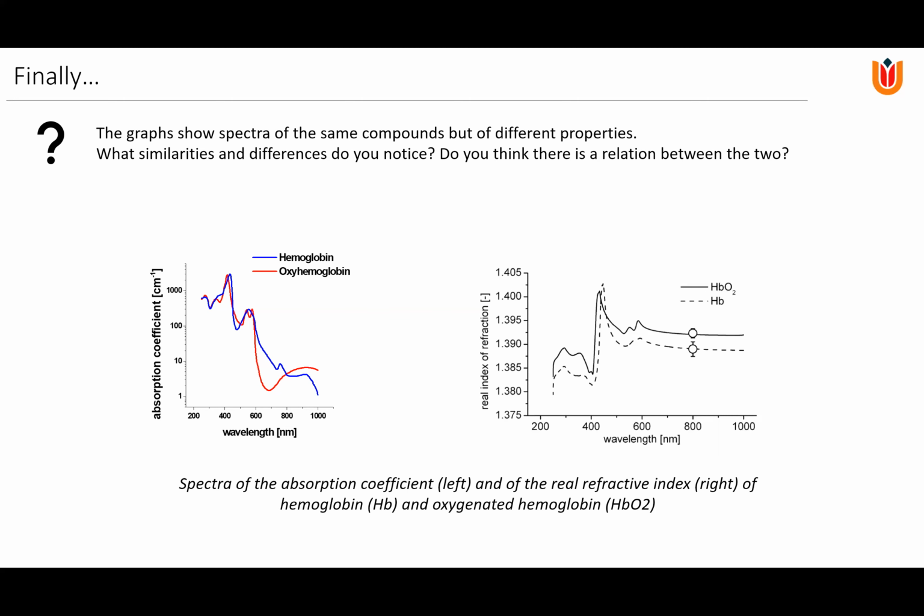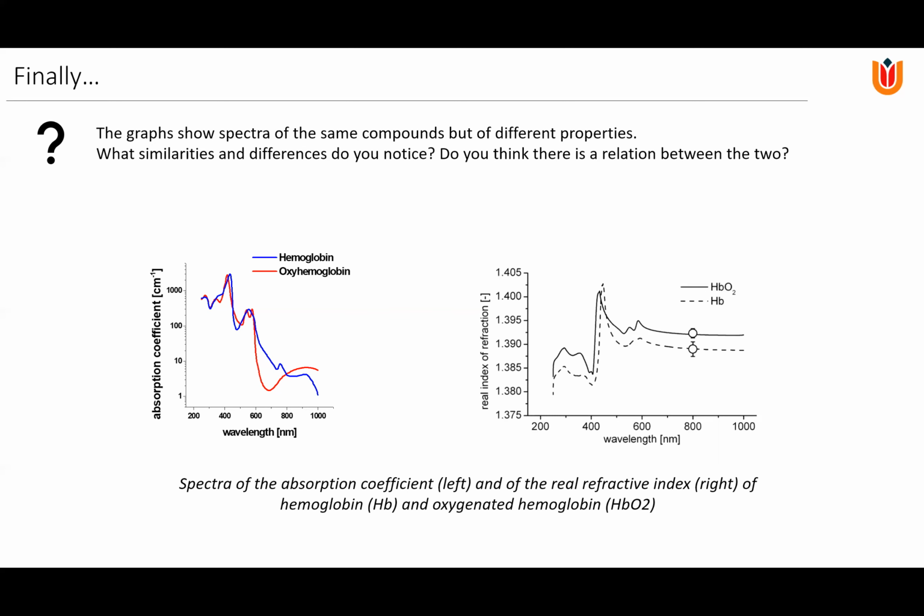Now, to translate that into the graph on the right, is there anything? The index of refraction for the oxyhemoglobin is most of the time higher than the hemoglobin. Yeah, that's one thing, absolutely true.